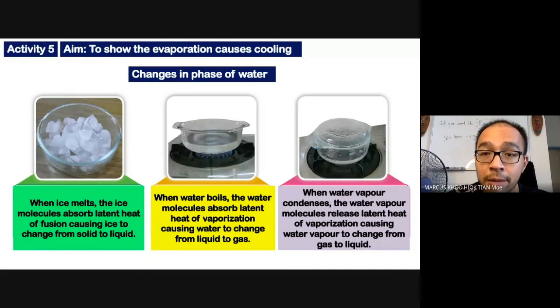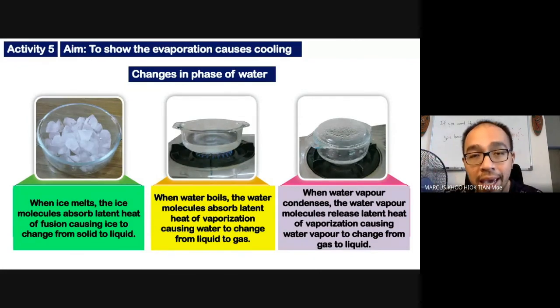When water vapor condenses, the water vapor molecules release heat because it is changing from gas to liquid. So it is releasing the heat so that it can change from gas to liquid.